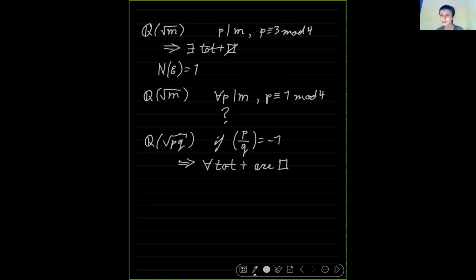I mean, you have lists and lists of weird rules for these things. Like you have no unit with norm -1 if there's some prime congruent to 3 mod 4 dividing the discriminant of the 2-part, or if there is 3 dividing the conductor of the field, or really weird criteria for these, where it goes together in terms of the weird units and the existence of units with norm -1.